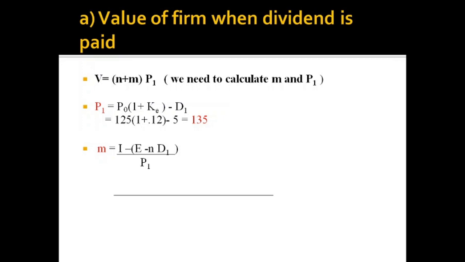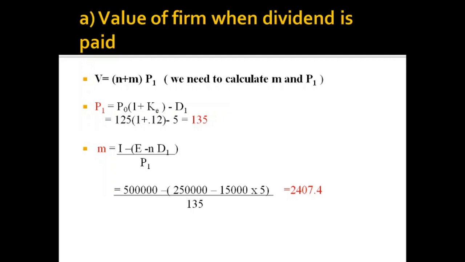Now we need to calculate M. The equation for M is equal to (I minus (E minus N into D1)) divided by P1. Substituting the values, I is investment required, that is 5 lakh, minus E, that is 2,50,000, minus N, the outstanding number of shares, 15,000, into D1, the dividend, and the whole divided by P1 which is calculated above, that is 135. So we will get M equal to 2407.4.